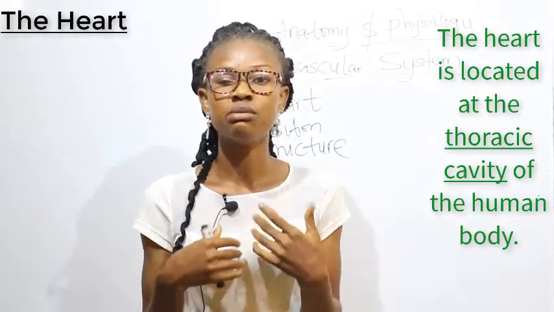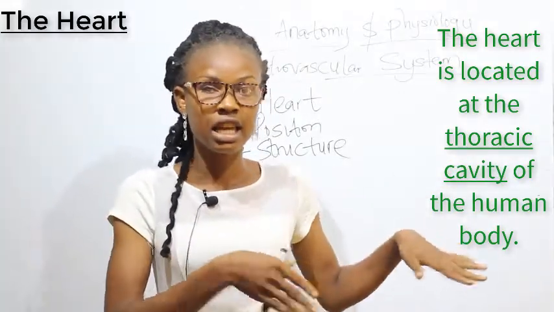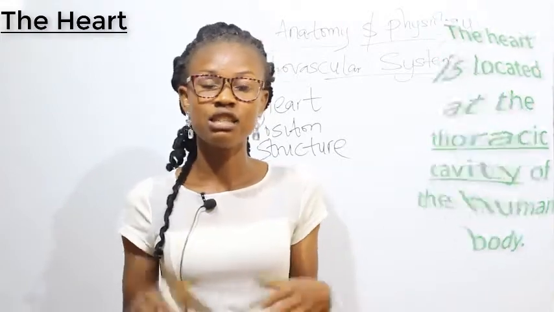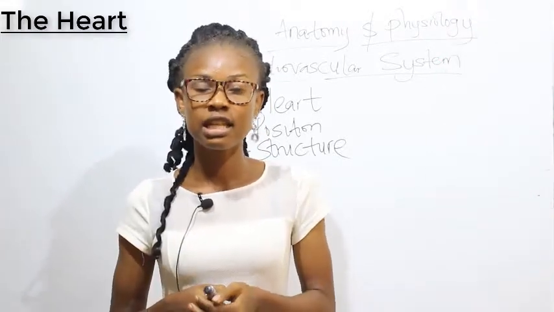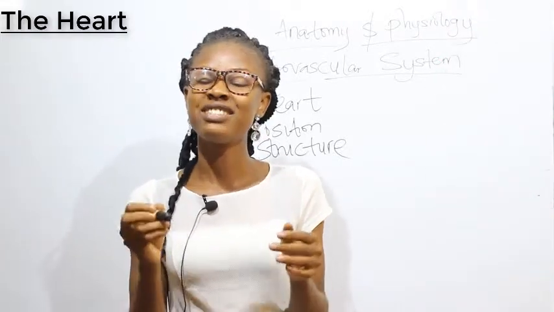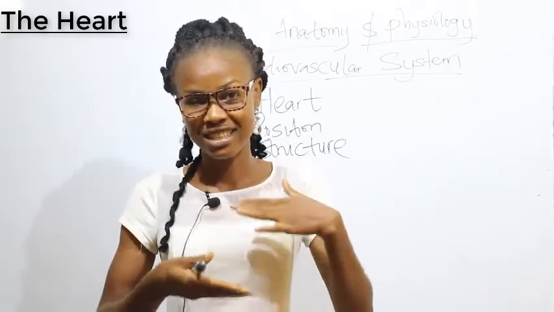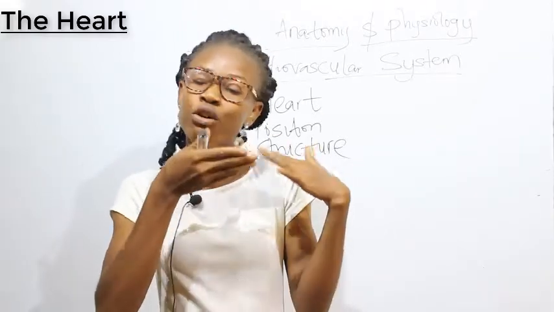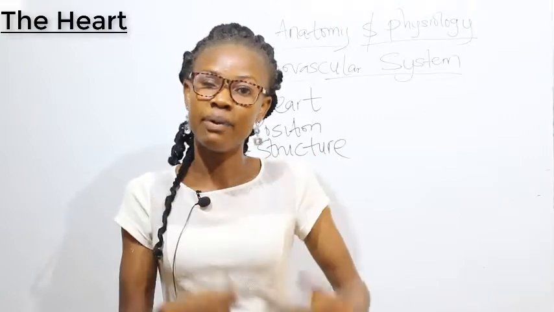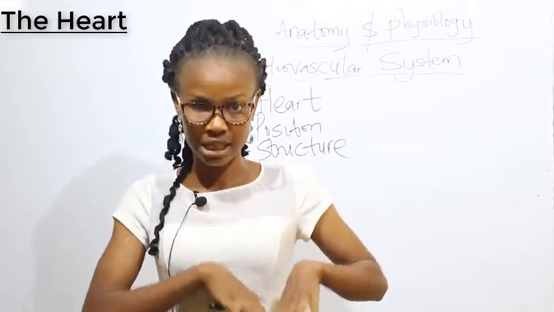It lies at the mediastinum, more to the left than to the right. It's a roughly cone-shaped organ, with the base at the superior level and the apex at the inferior level.